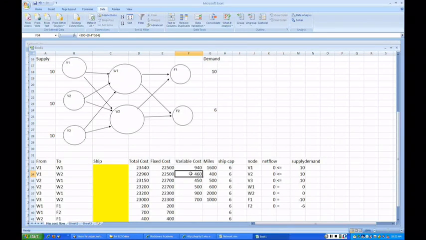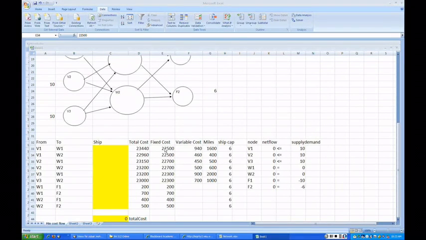Then this is the cost of procurement that we have.